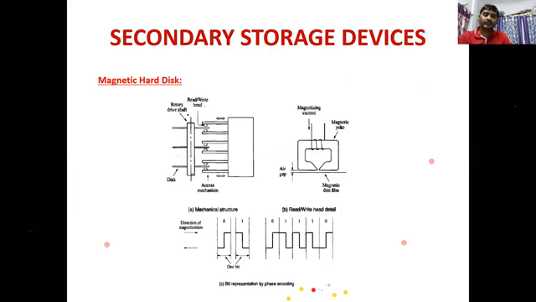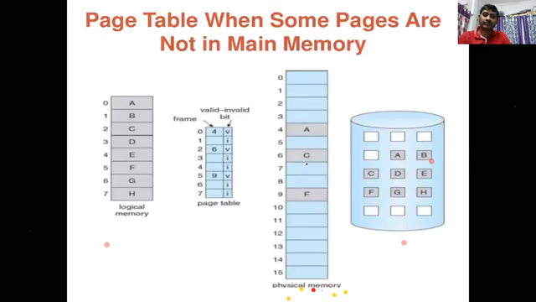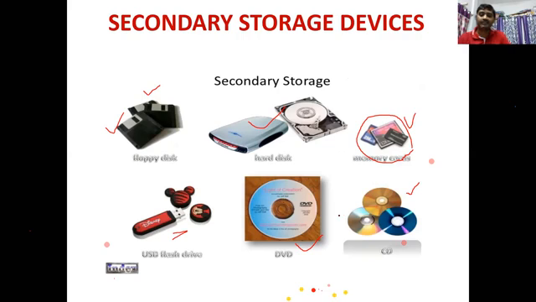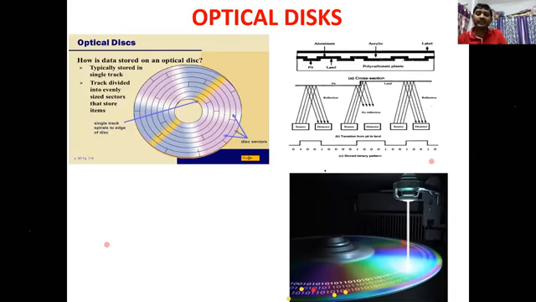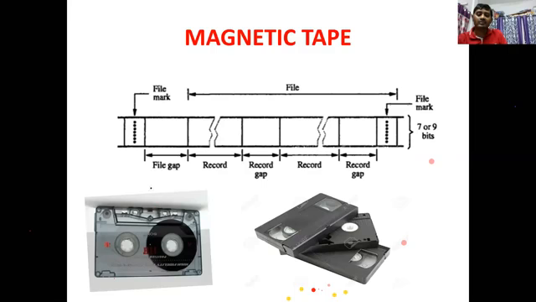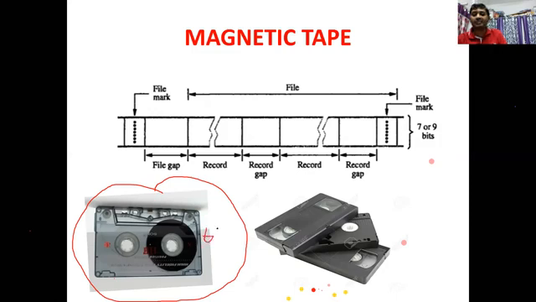See here, the hard disk, CD is random, and this floppy is also random. Your hard disk is also random. Everything is random. The serial access is the tape drive, which you people may not have used. This is called a tape recorder cassette, right? We have a 60 and a 90. The 60 is 30 minutes on both sides, and the 90 cassette is 45 minutes on both sides.